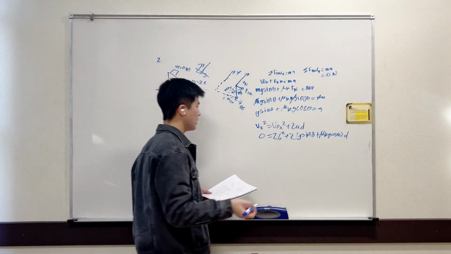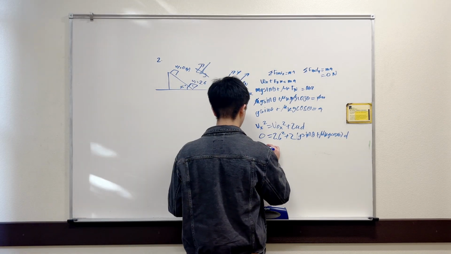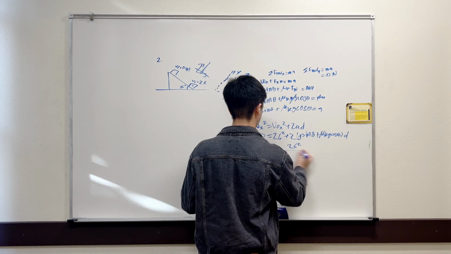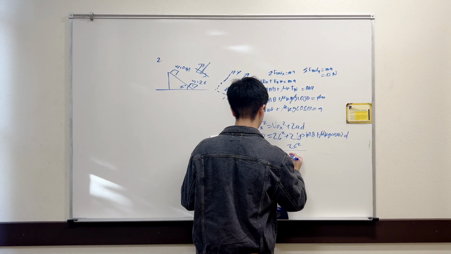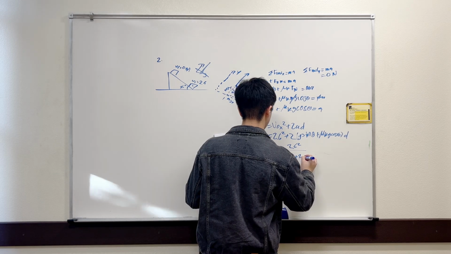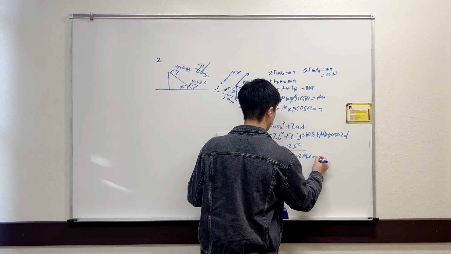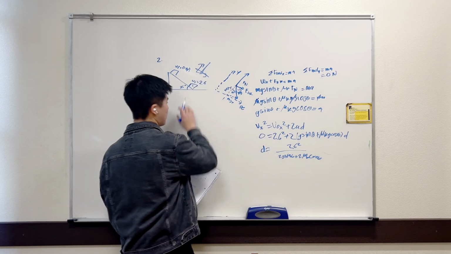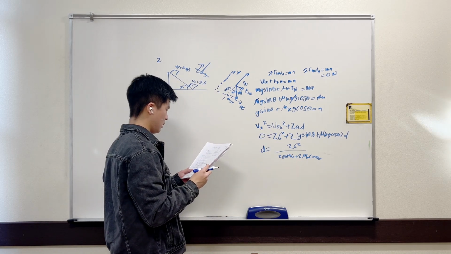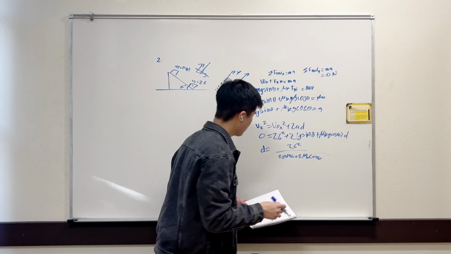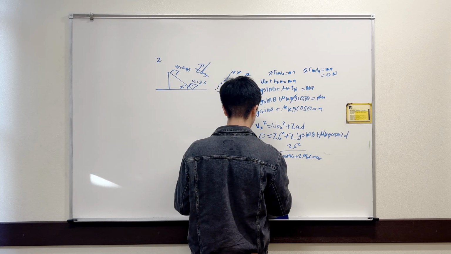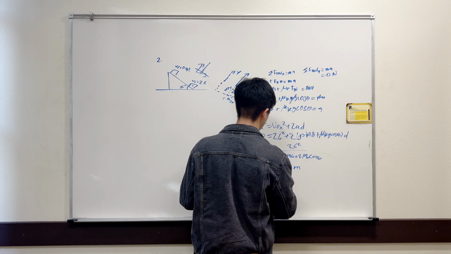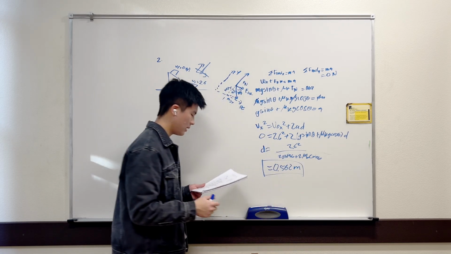And so in order to find the distance traveled, we isolate it: 2.6 squared over 2g times sine theta plus mu cosine theta. And then once we plug in these values, given 25 degrees, the answer should be 0.562 meters. And so that's our final answer.